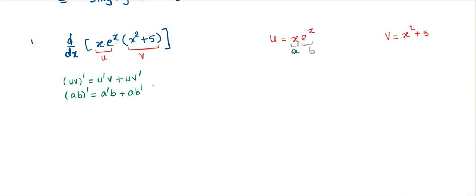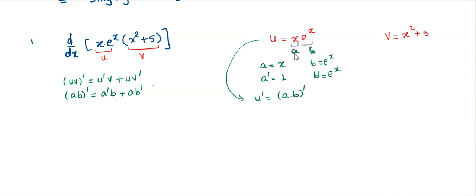So let's apply this rule here. a is x, b is e power x. So the derivative of a is 1, the derivative of b is e power x. If I want the derivative of u, which is the same as the derivative of a times b, by using this rule it is a dash b plus a b dash. So it means just the cross multiplication.